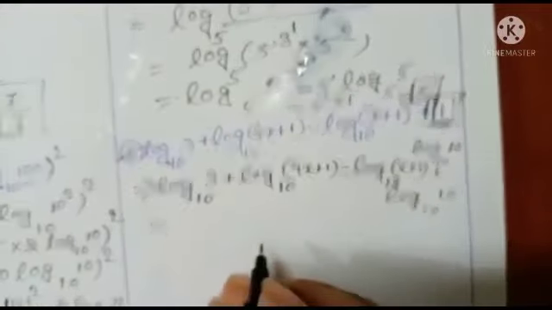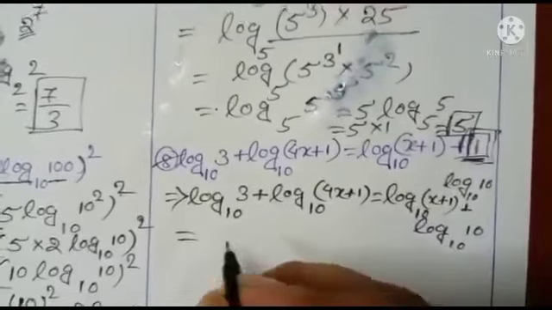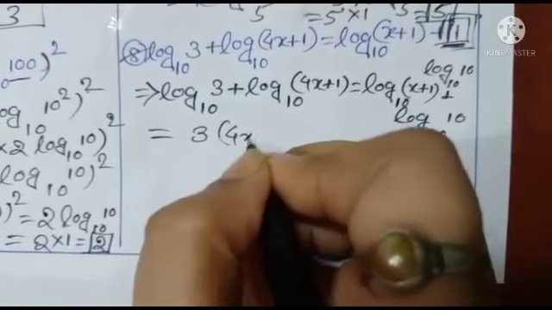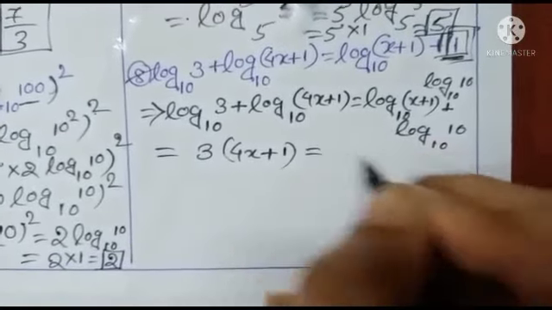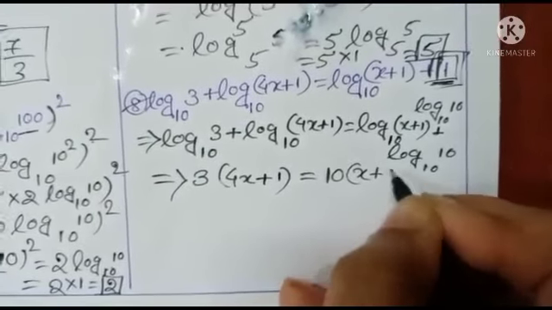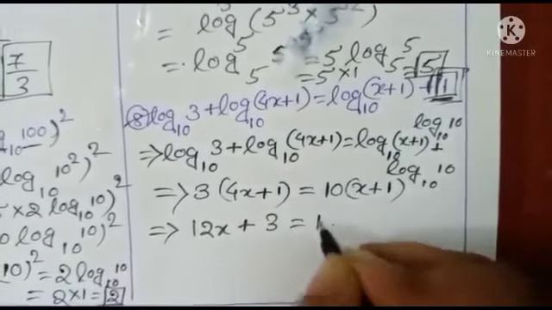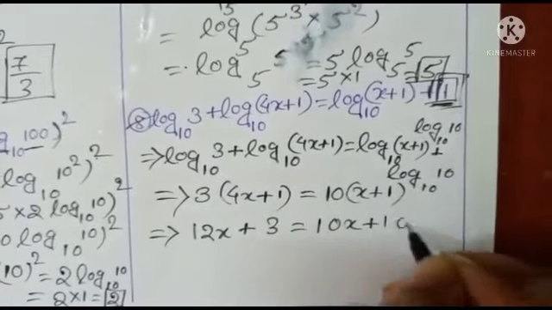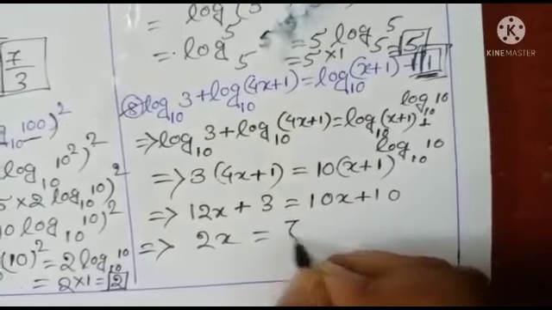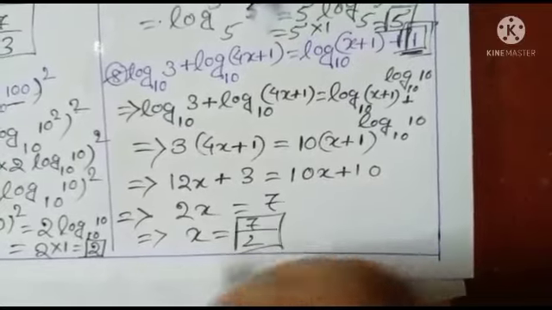Here summation is given, so we convert it into multiplication. It means 10 times x plus 1. It means 12x plus 3 equal to 10x plus 10. It means 2x is equal to 7. x equal to 7 by 2.